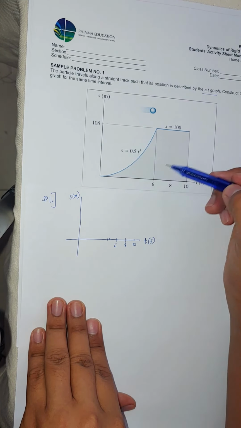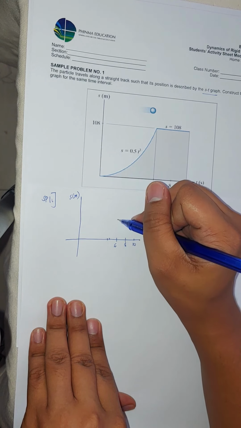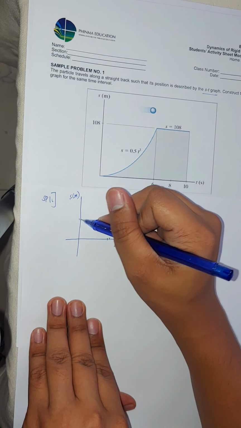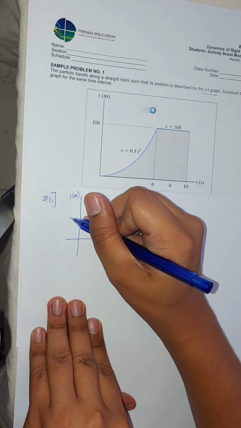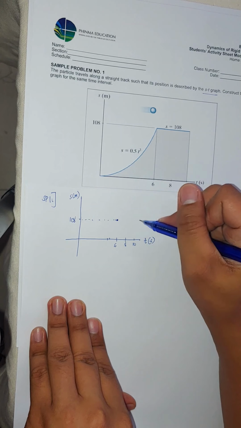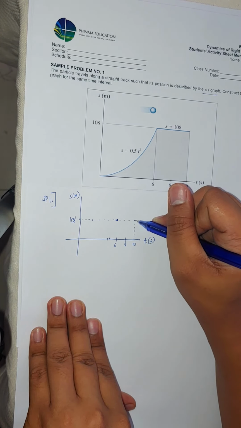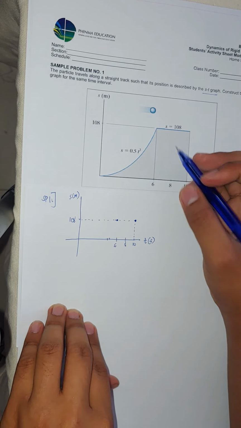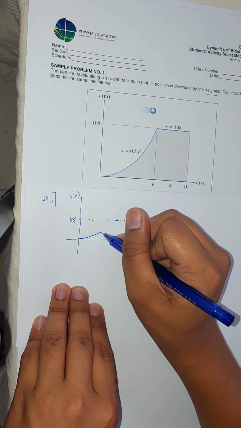At 6 seconds, the position is 108 meters, and until 10 seconds it is the same, 108 meters. So if you notice the graph, that is the graph.